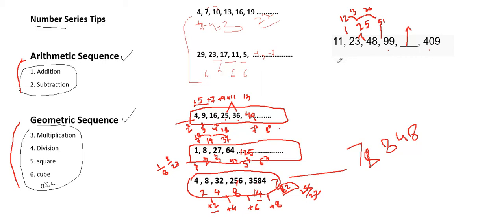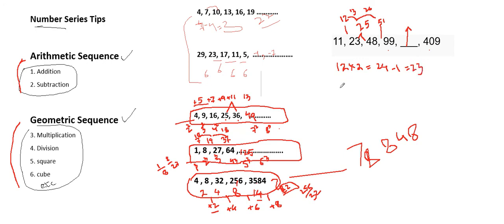So you see, the pattern is you always add to the next number. For example, you took 12 times 2, which is 24, and then if you subtract 1 from it, it is 23.